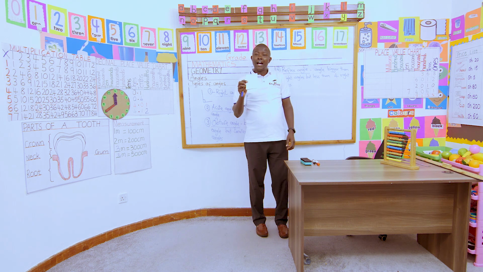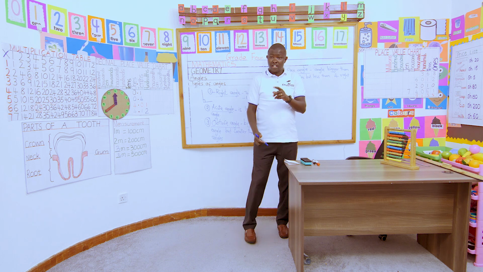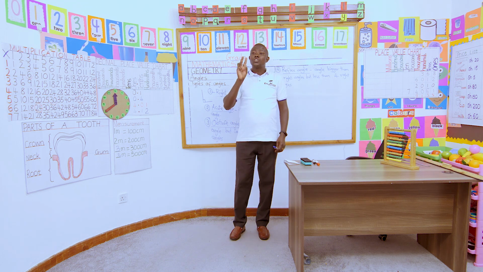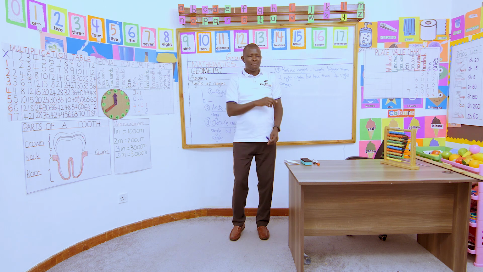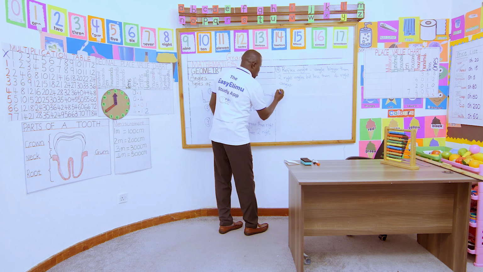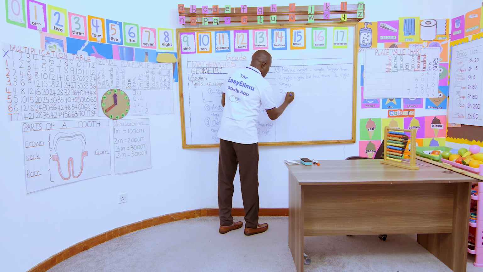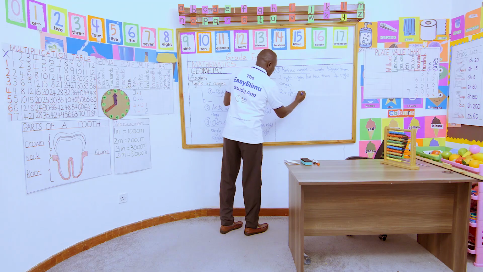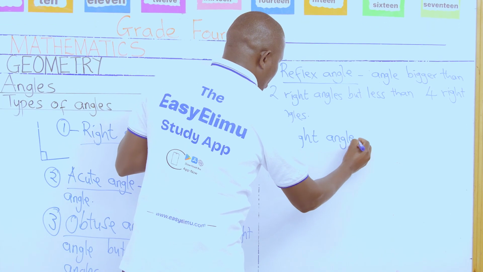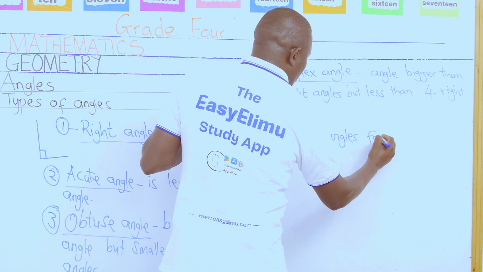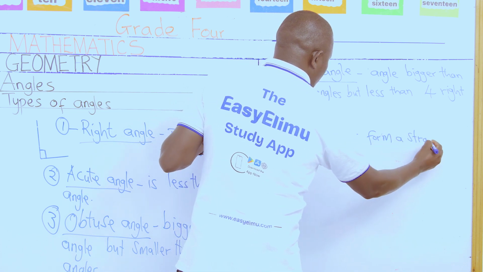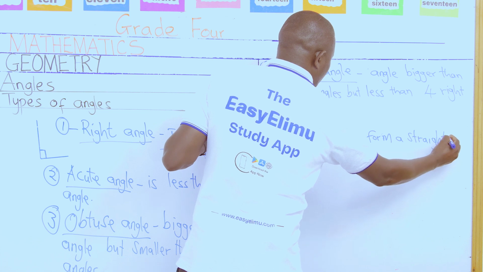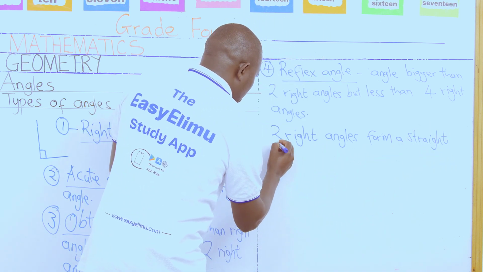Now, I have something very key for you to note. 2 right angles form a straight line. 2 right angles form a straight line.